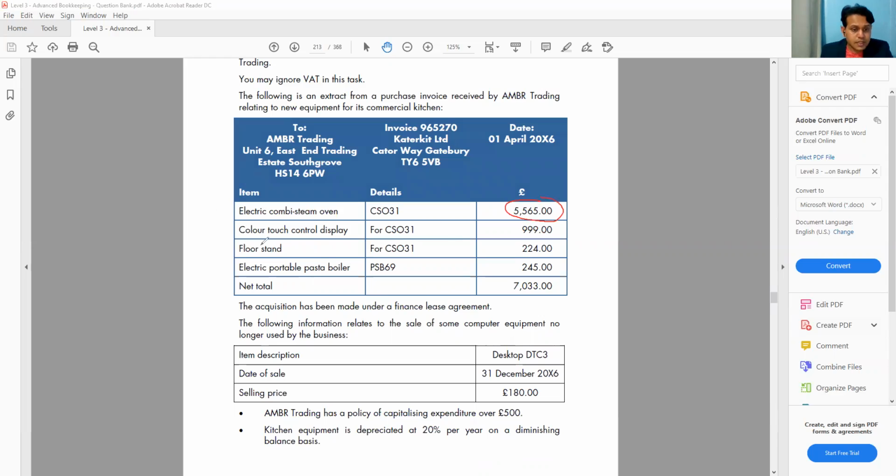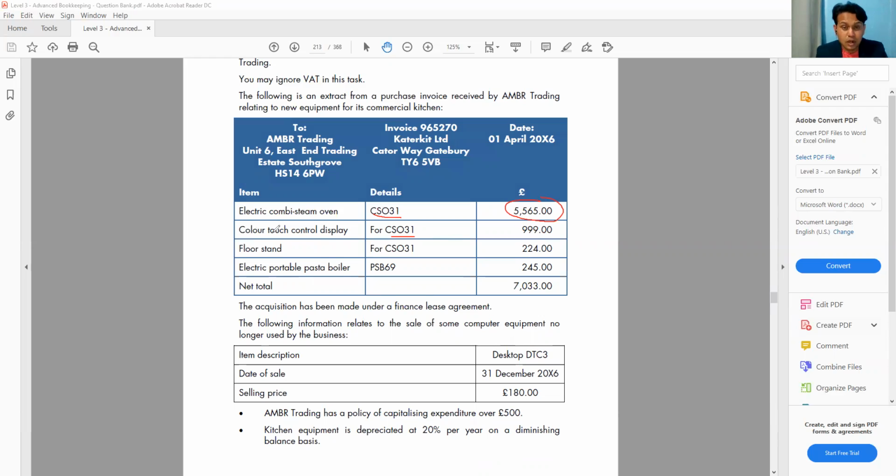The next thing we see is a color touch control display for the same machine. That means for the same machine, I have paid some money for a color touch control display. Obviously we paid separately for each part, and for each part we need to understand whether it is a part of the machine or not.